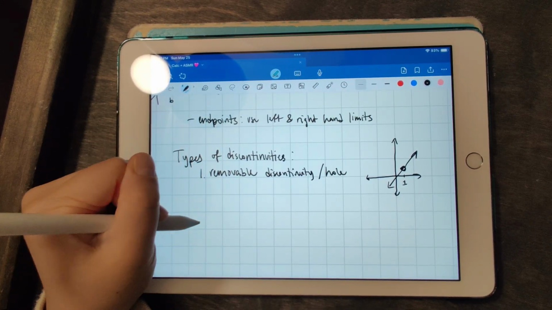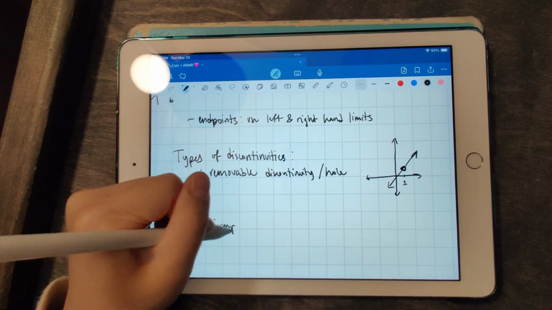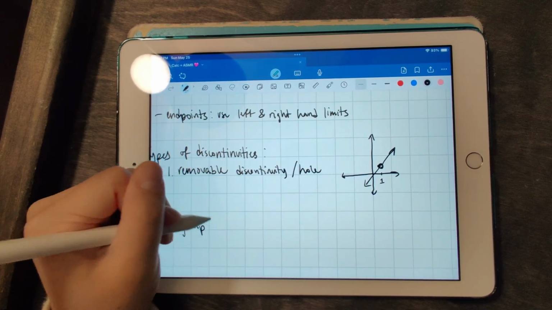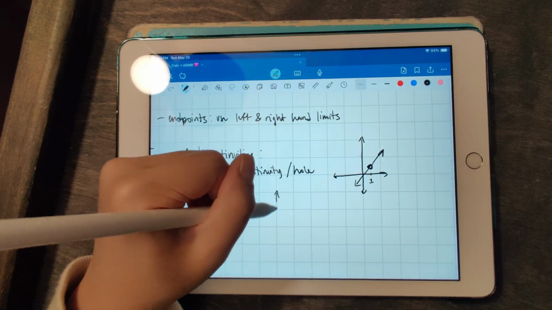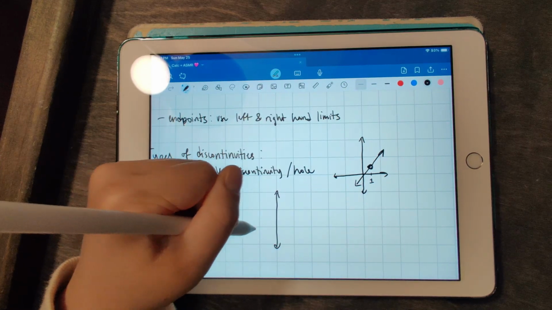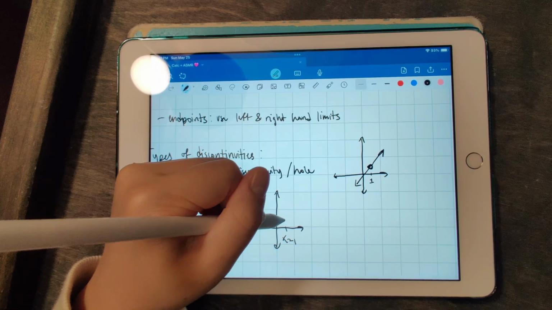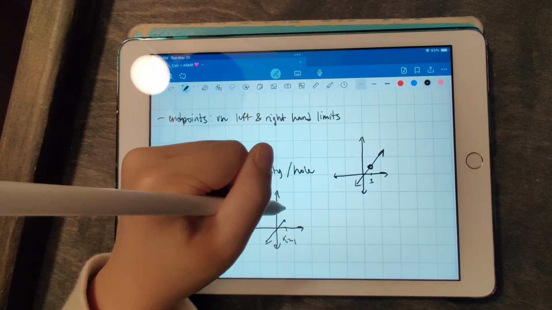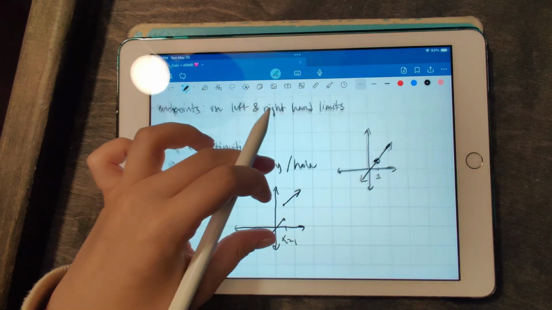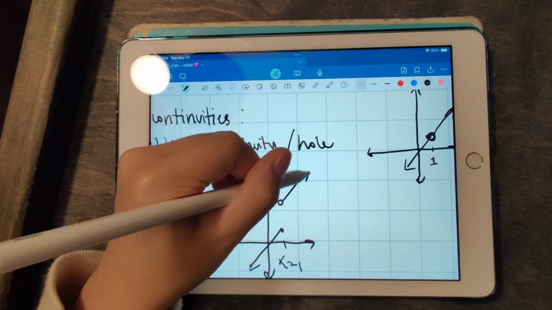The second type of discontinuity is a jump. A jump discontinuity is essentially something like this. Let's say this is x equals 1. Notice, I'm sorry, there has to be an open circle there.